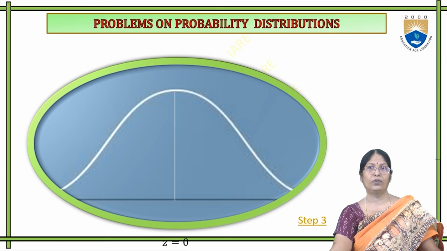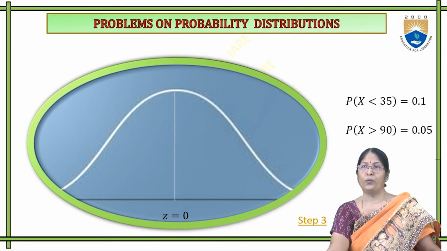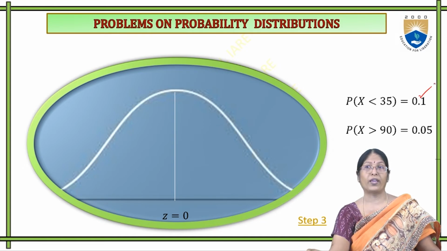Yes, now I told you I would explain 1.28 and 1.65. So we can see x is less than 35. This is the data we calculated according to our given condition.